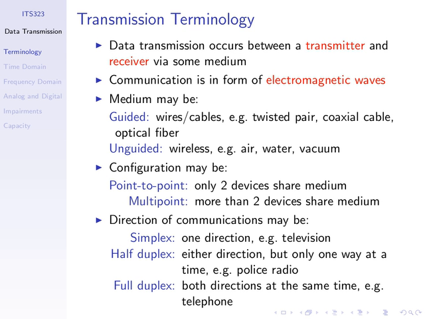Remember, the transmission medium is the thing between the transmitter and receiver. That may be either guided or unguided. That is, the waves that we transmit may be guided along some wire or cable.